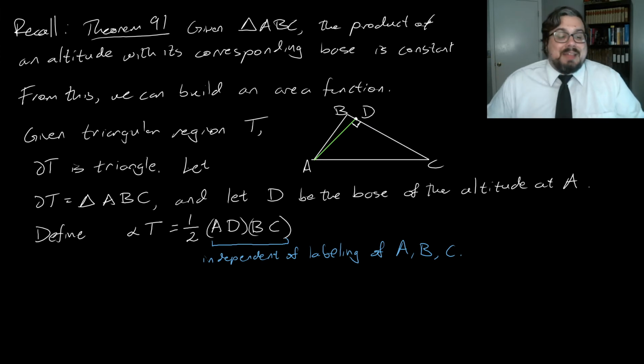However, it turns out that the area function would work perfectly well if you didn't include this 1/2. We would still be able to use it to build an area function for our geometry.